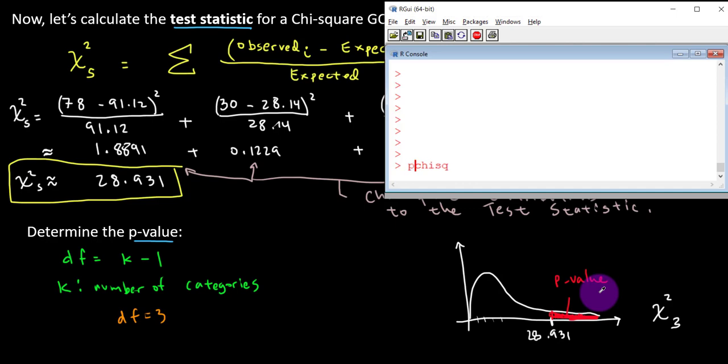So pchisq, our chi-square value was 28.931, and the degrees of freedom was 3. Because we want the area to the right, we need to use the complement, 1 minus pchisq. And our p-value is incredibly small. It is definitely smaller than any reasonable level of significance.